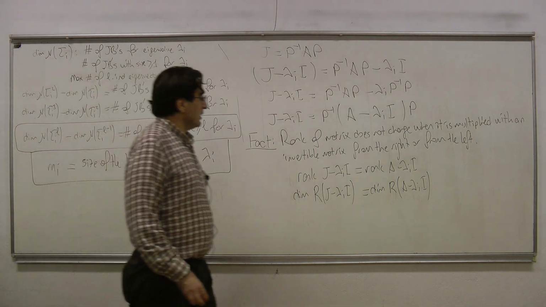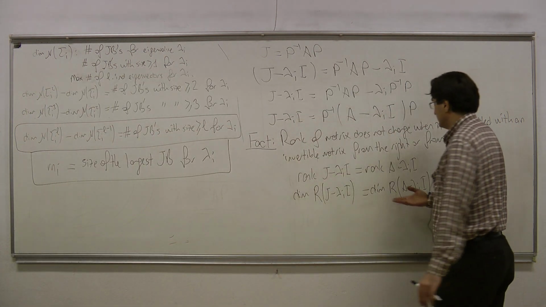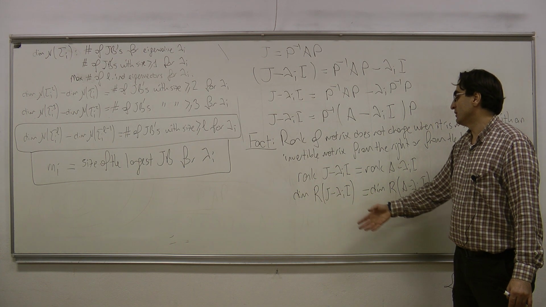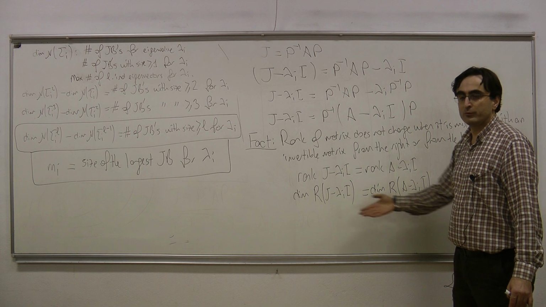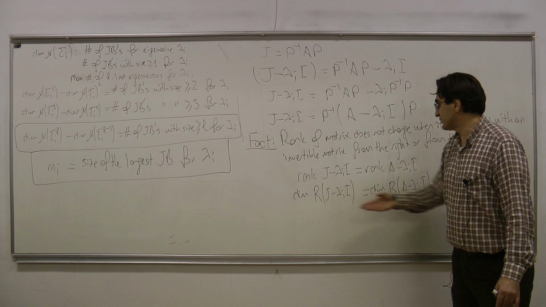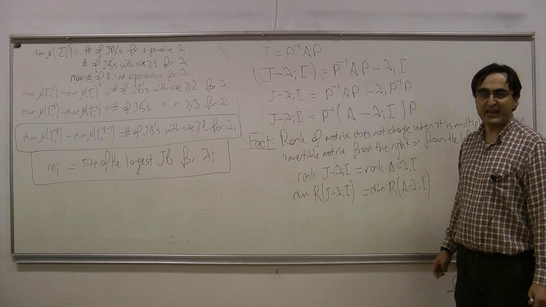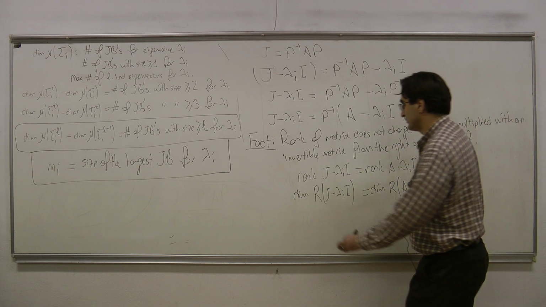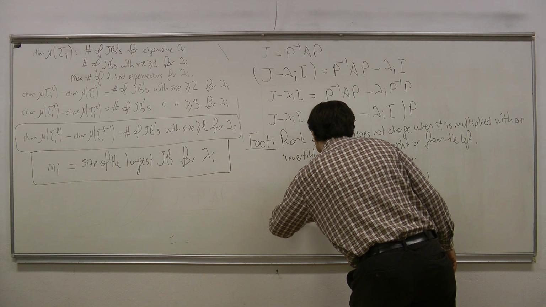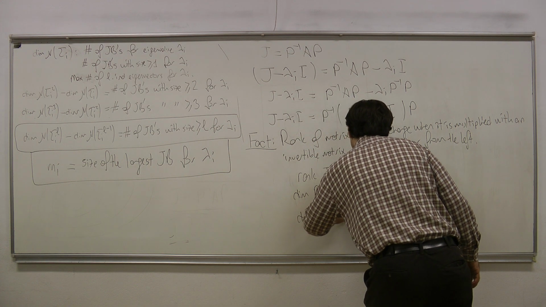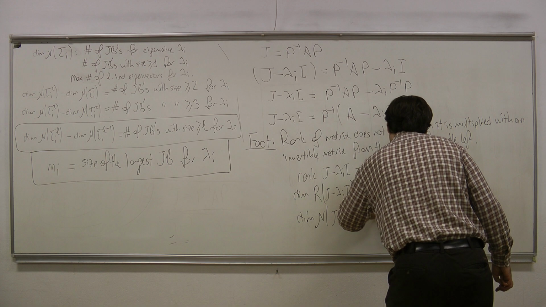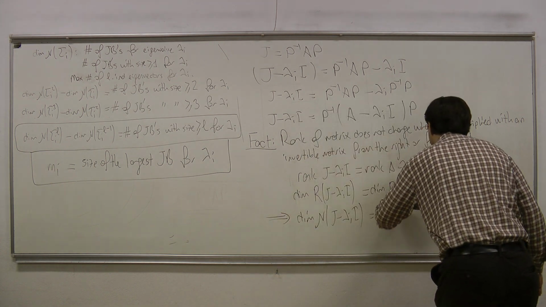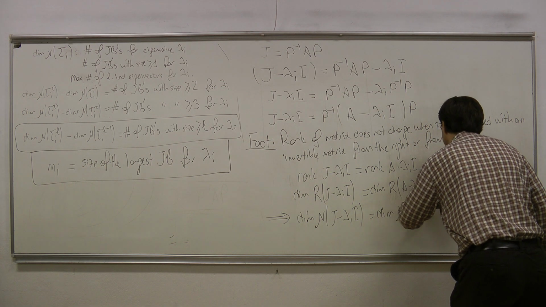Now I'm just going to invoke the rank nullity theorem. If the dimensions of the range spaces are equal for these two matrices, since the sizes of the two matrices are the same, the null space dimensions should again be the same. So the dimension of the null space of J minus lambda identity is equal to the dimension of the null space of A minus lambda identity.